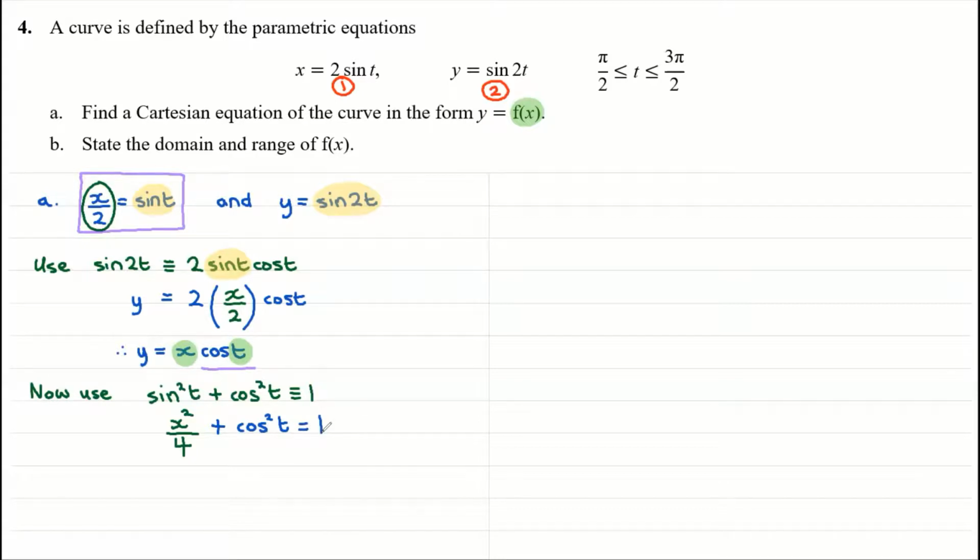I can now make cos squared the subject. So therefore, cos squared t is now going to be equal to 1 subtract x squared over 4. Okay. And let's bring this up to the right-hand side. So let's carry on working up here, and let's see what we can do with this.